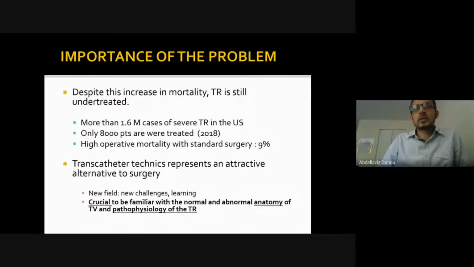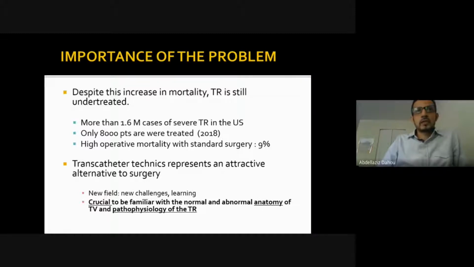This is most likely due to the high operative mortality with surgery. It's around 9-10%. So surgeons don't want to intervene in these patients, and these are highly selected patients. So we can imagine that the mortality would be higher if we intervene in any patient.